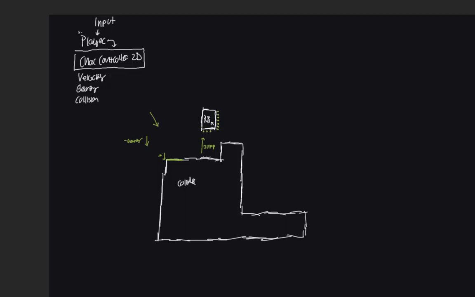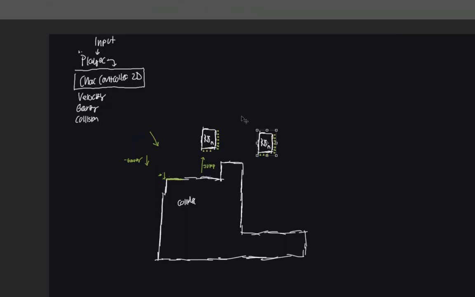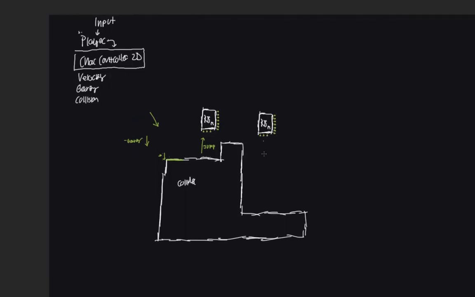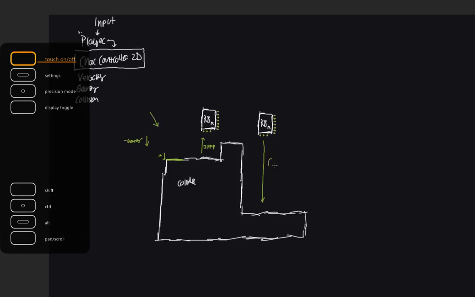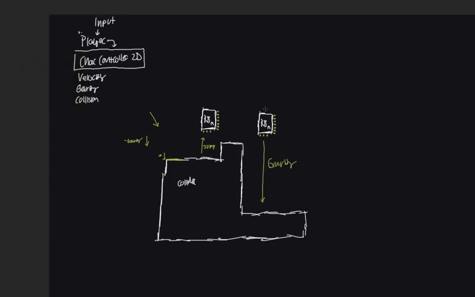So right now he's jumping, but let's go ahead and duplicate him and move him over here. Now he's going to be falling because of gravity. And the gravity will bring him all the way down until these ray casts detect that he is going to be hitting another collider. And once he hits another collider, those ray casts will prevent him from going down any further.